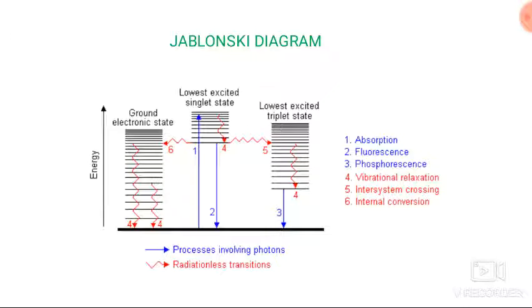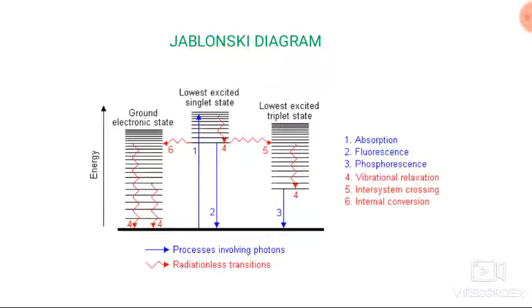It is the relaxation of the excited state to its lowest vibrational level by the dissipation of energy to the surroundings of the molecule, and that is a radiationless transition. Here you can see that it can occur in the ground electronic state as well as in excited states. That is, the transition is from an excited vibrational level to any of the lower vibrational levels.